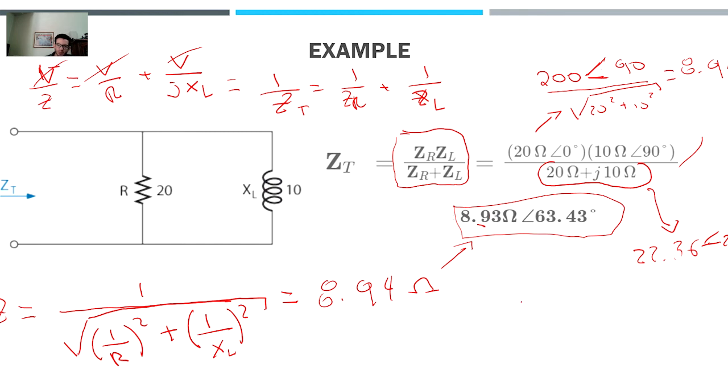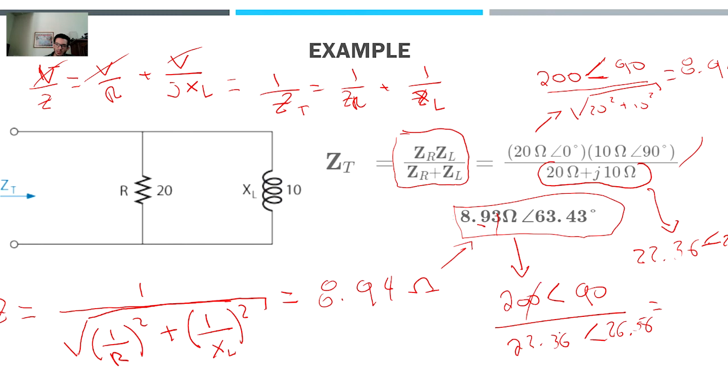You would do 200 divided by, so this number right here, just to show you how to do it again, it will be 20 times 10 is 200, and since it's multiplying, it's going to be 0 plus 90, 90, divided by the square root of 10 plus the square root of 20, that was 22.36 at an angle of 26.56.